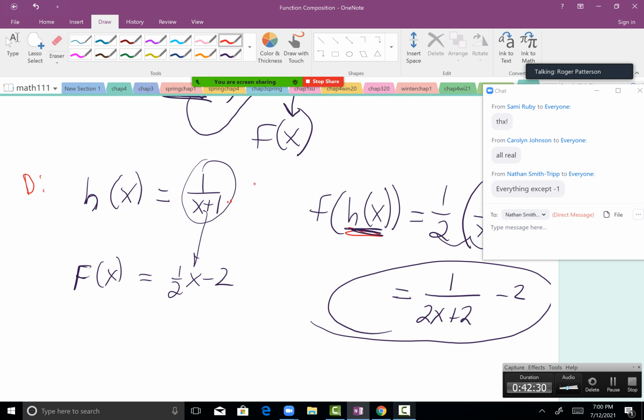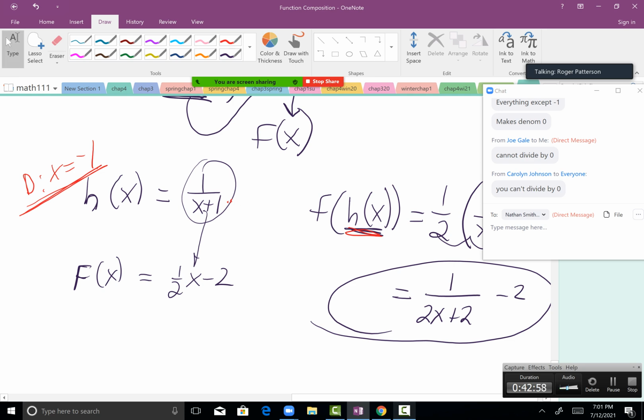Why not? Makes the denominator 0. We can't divide by 0, right? Good job. So that means that x cannot be -1. No matter what happens, x can't be -1. So that domain occurs right away.